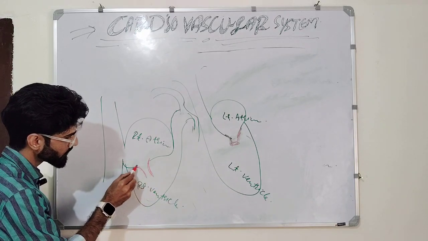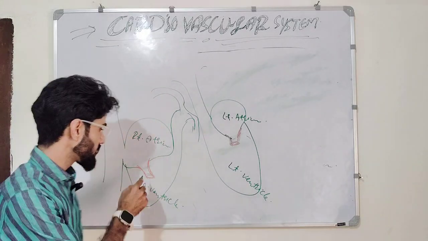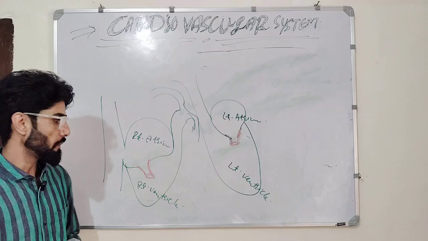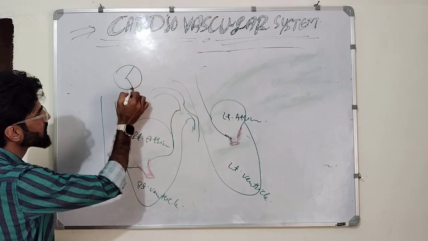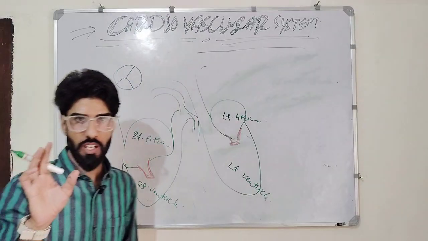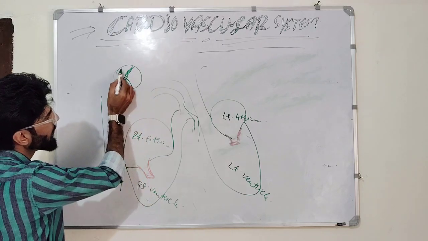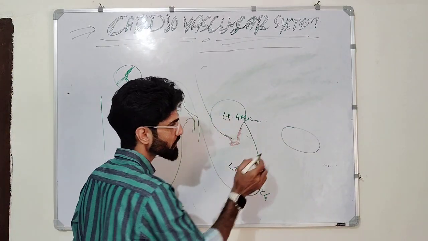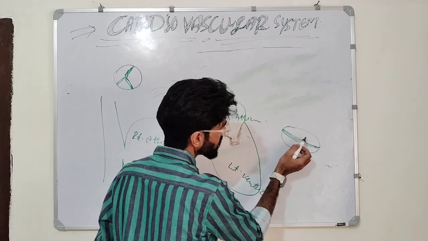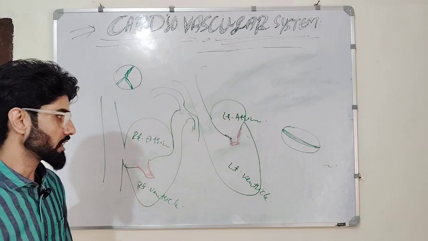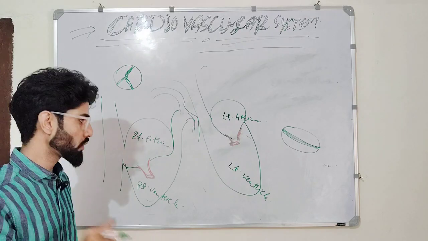Tricuspid valve. Why are we calling them the tricuspid valve and bicuspid valve? Because the tricuspid valve has three cusps or leaflets, 1, 2 and 3, and the bicuspid valve has only two cusps, one cusp and a second cusp. So these are also called AV valves, and also input valves.